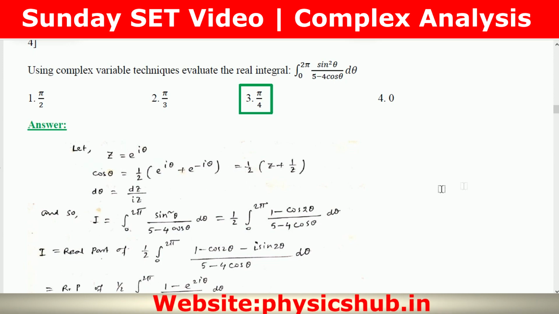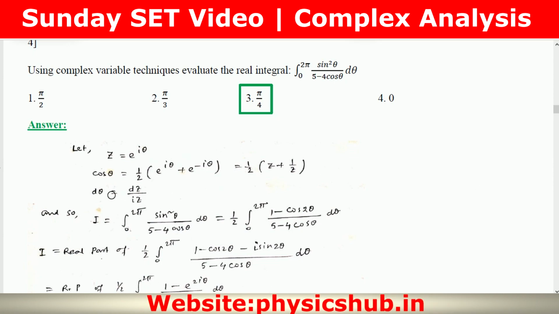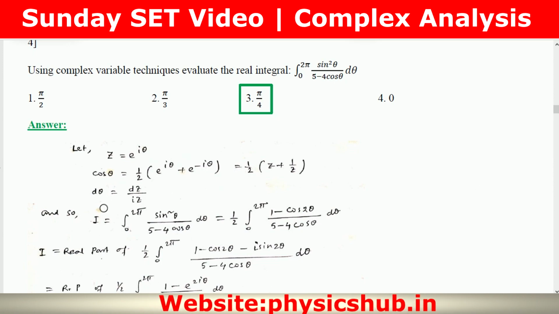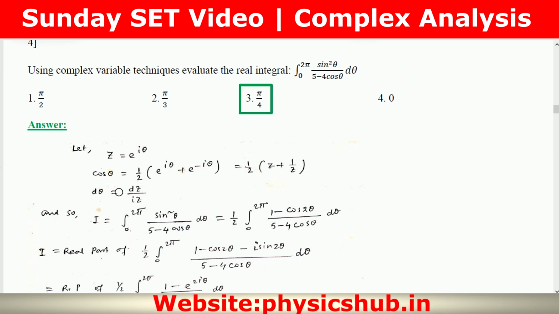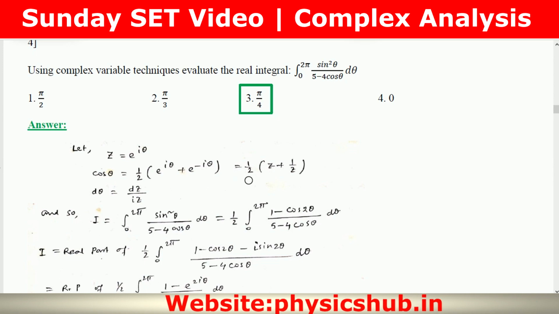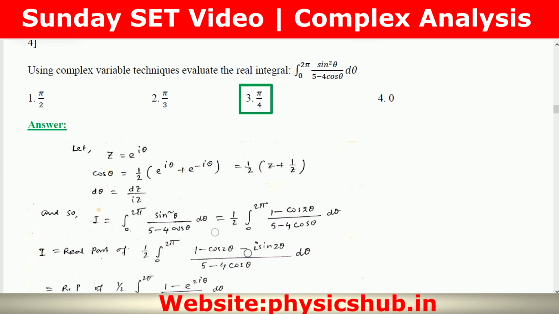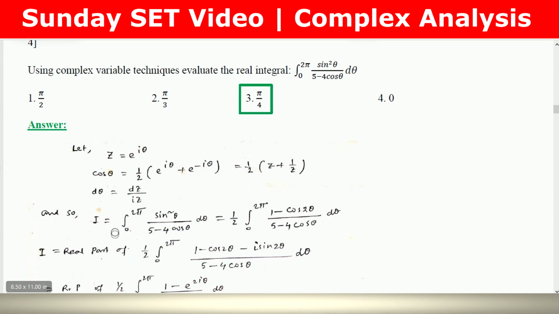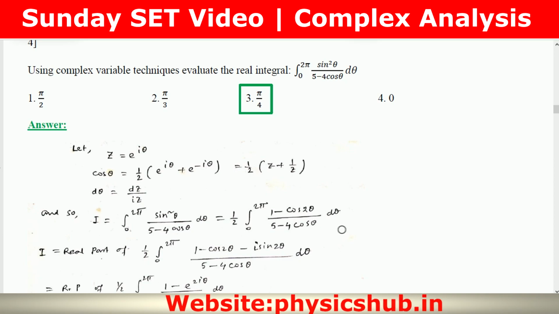So a unit circle z = e^(iθ). Now we are just trying to write cos θ and sin θ terms in terms of z. So writing cos θ by this, and dθ = dz/(iz), and we are replacing these values of cos θ, dθ in terms of z.